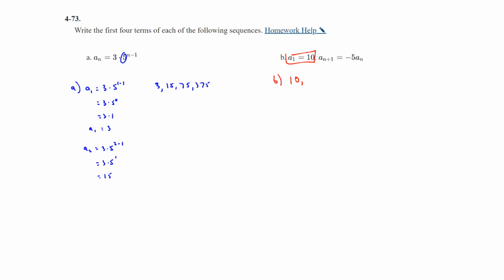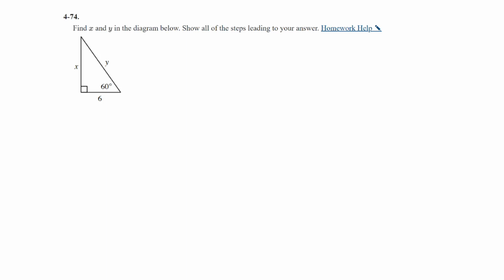Well, if I take the first term and multiply by negative 5, then that would give me negative 50. And then I multiply the next term, negative 50 by negative 5, and I get 250, and 250 by negative 5 is negative 1,250. And so this is called a recursive formula, where you have to use the previous term to find the next term.